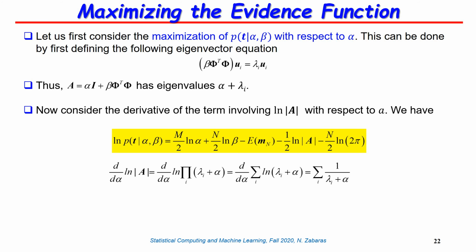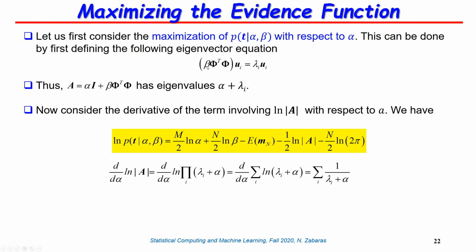Okay? Now, a little bit of explanation here. You notice that when I do this differentiation with respect to alpha, I keep the eigenvalues lambda i constant. I'm looking at this expression, right? The eigenvalues of A are alpha plus lambda i.